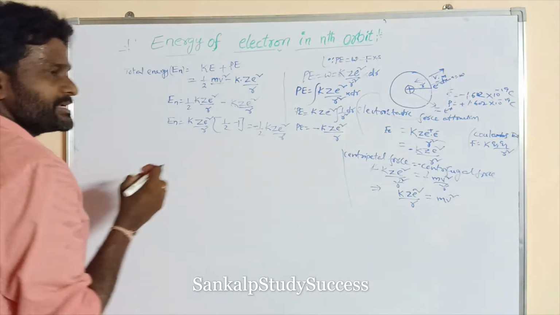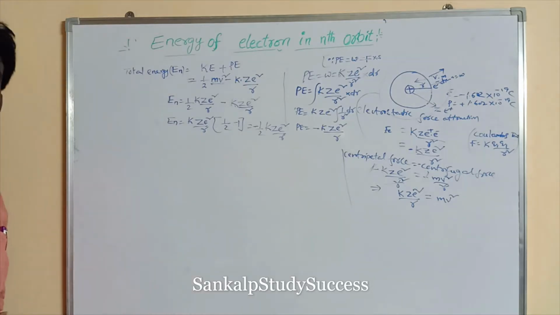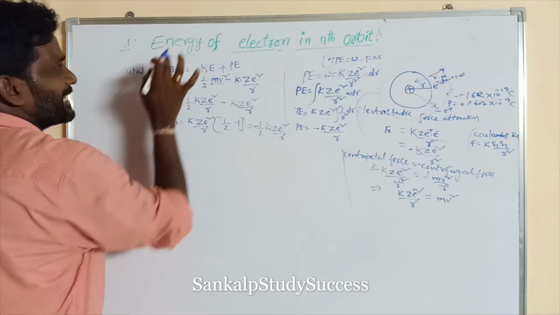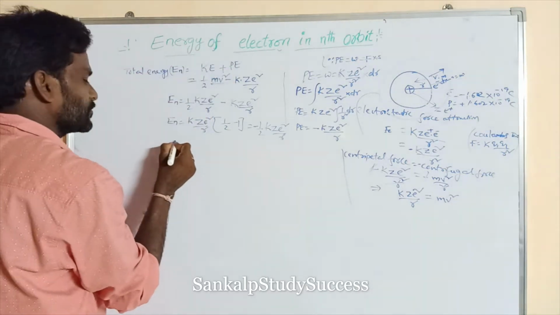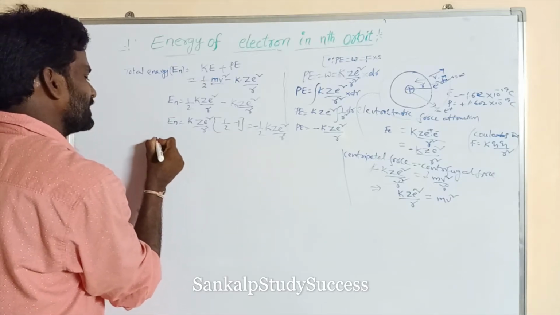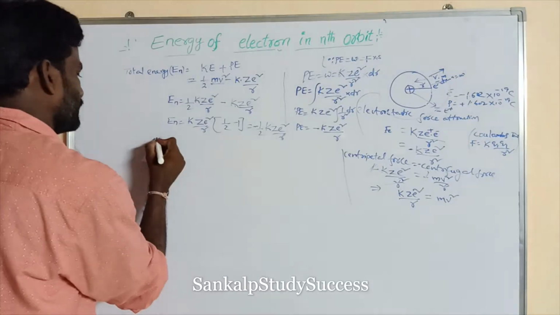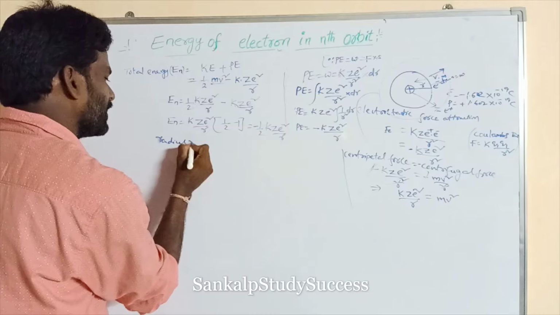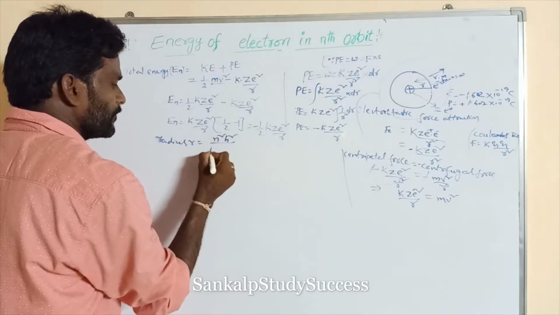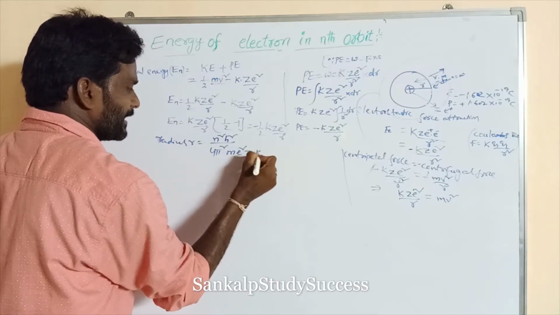Now in the previous video we determined the radius of the electron in the nth orbit. So the radius r is equal to n square h square by 4 pi square m e square z into k.